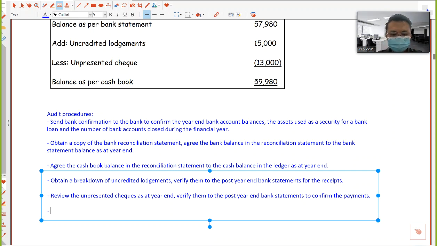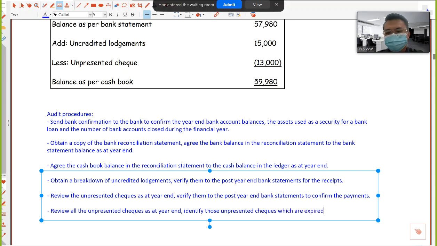That's why auditor have to review all the unpresented checks as at year end, identify those unpresented check which are expired. Okay, they have been expired.